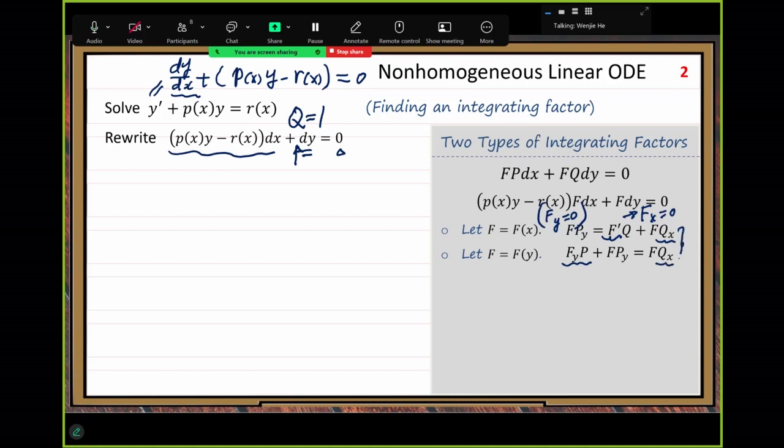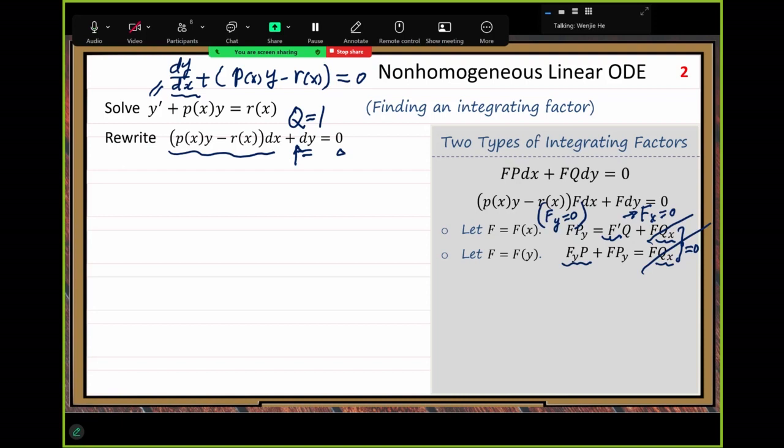That means this term is gone, because Q is 1 and the partial derivative of Q over partial x is 0. 0 means the last F Q sub x term is gone, right? Then of these two equations, which one do you feel is easier?